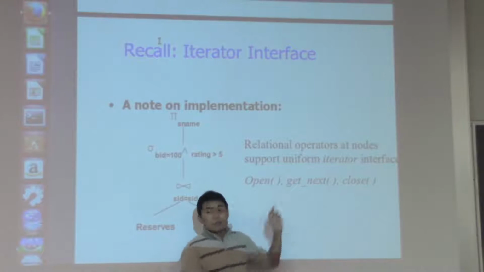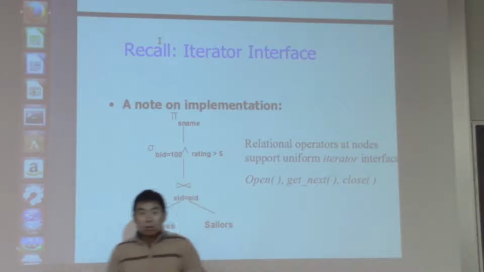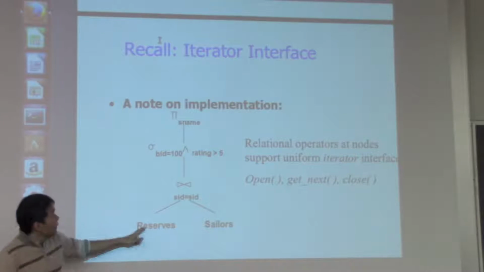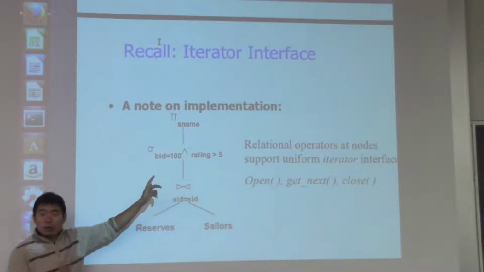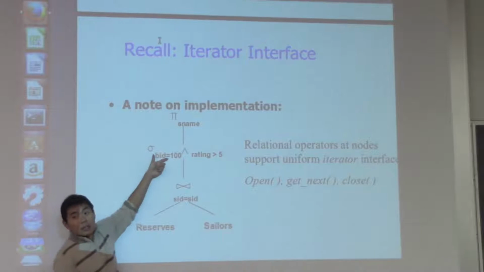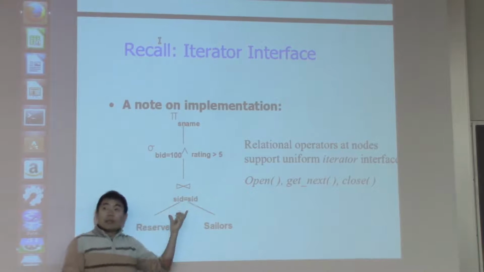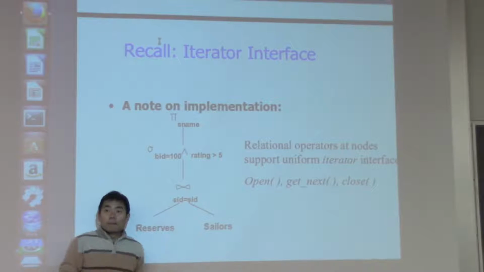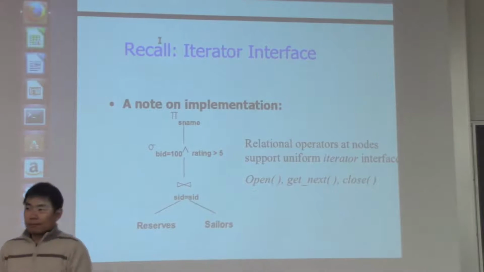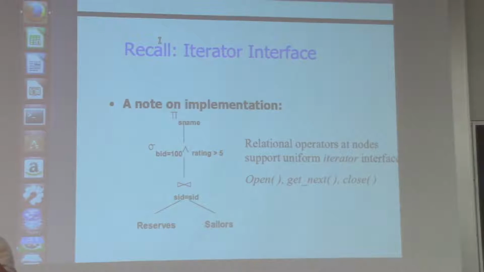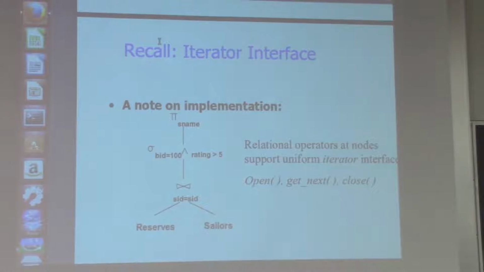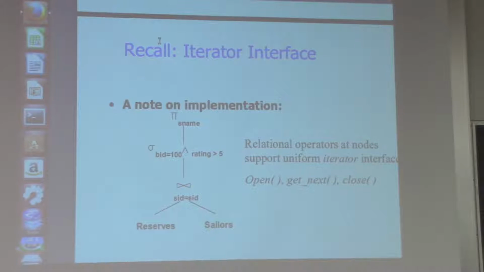And then you have this get next method. In this plan tree structure, each operator will call the get next method of the preceding operator to continuously pull data or records from the output of that operator. Okay.